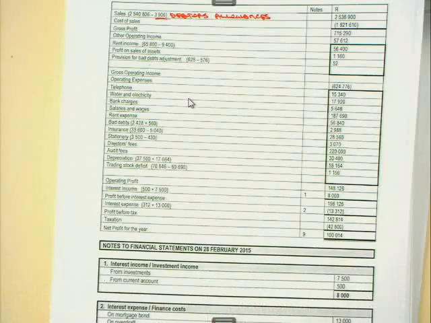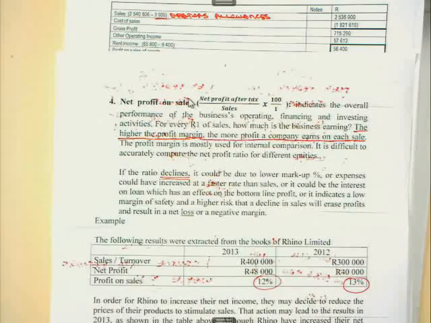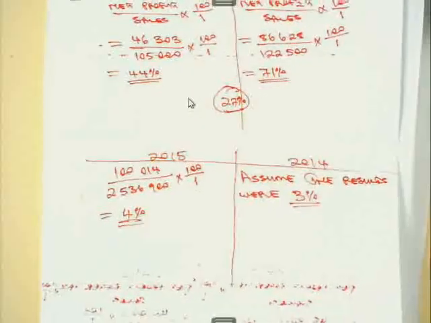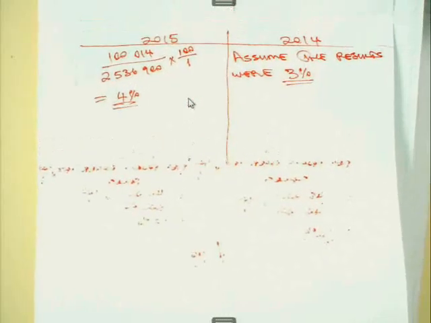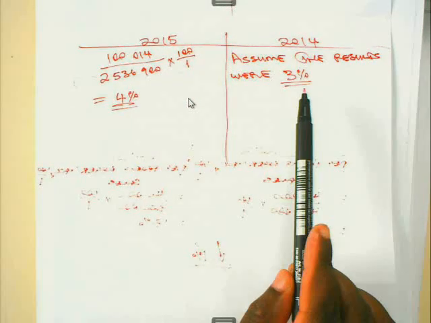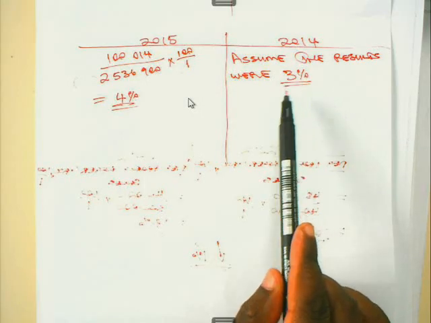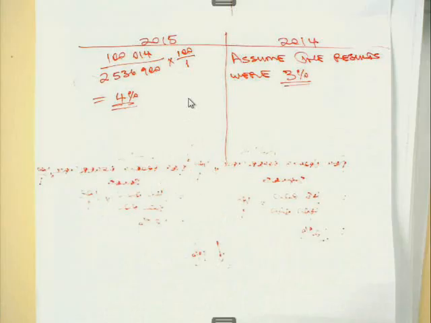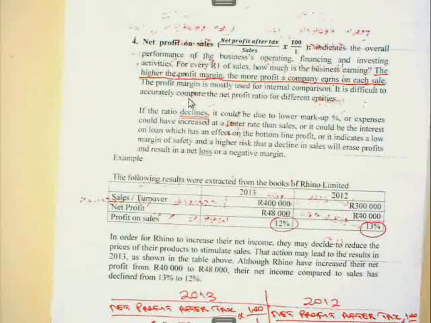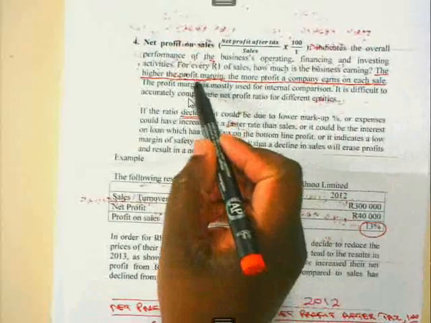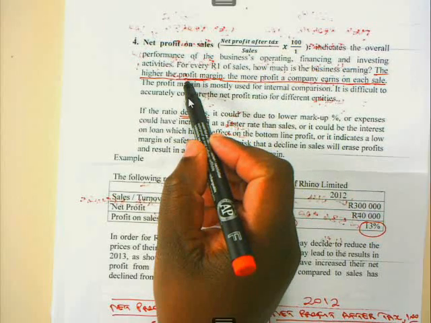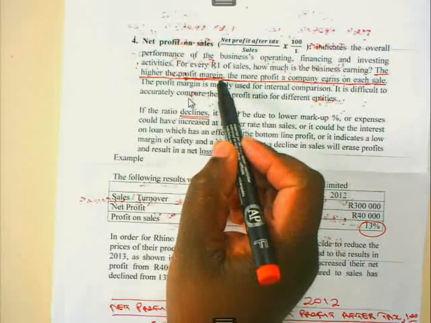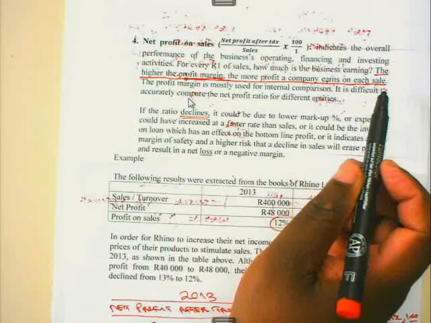It means in this scenario, although the profit percentage improved from 3% to 4%, we said the higher the profit margin, the more profit a company earns on each sale.